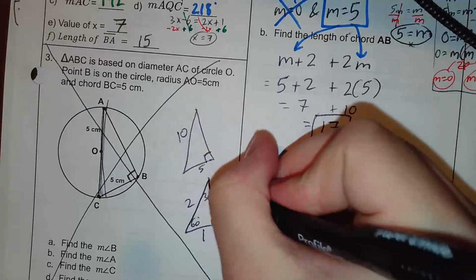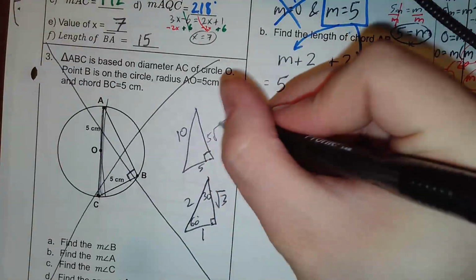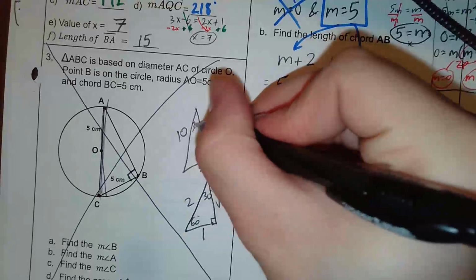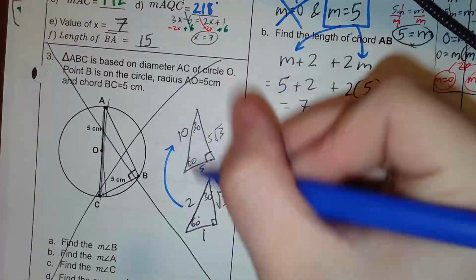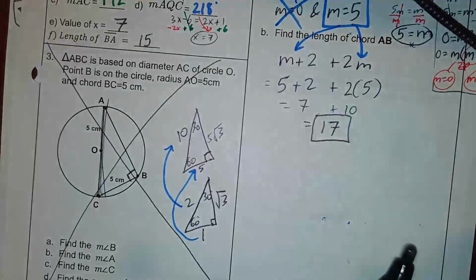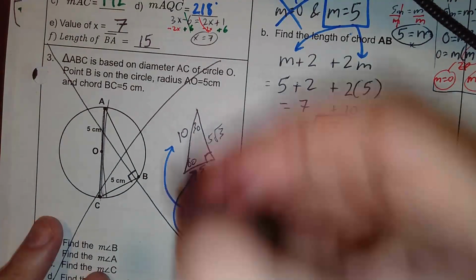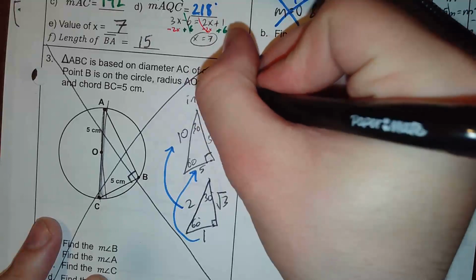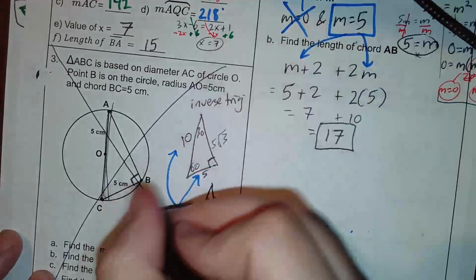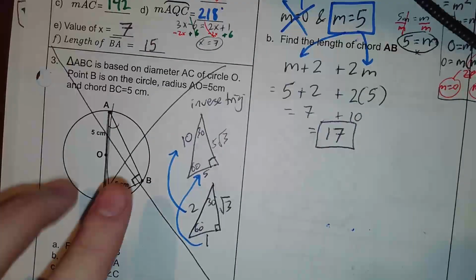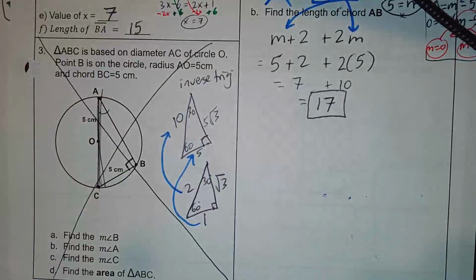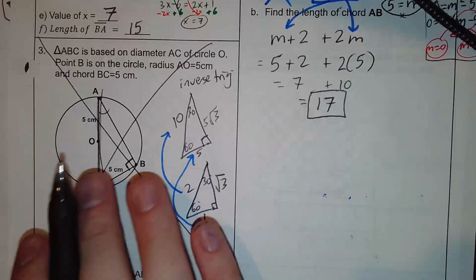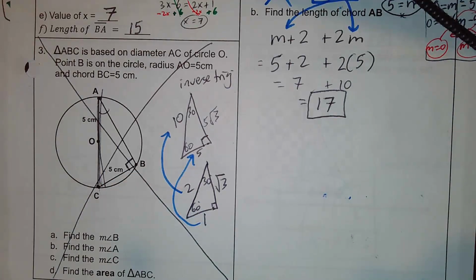We get 1, root 3, 2. So this would be 5 root 3. And this would be a 30, 60, 90. Just by knowing that these are similar by a scale factor of 5. You could have also used inverse trigonometry to figure out the angles, because you need these angles. But this is too much. Too much is going on, so we're going to leave number 3. Nothing like number 3 is on the test. We're going to leave number 3 to the side now.